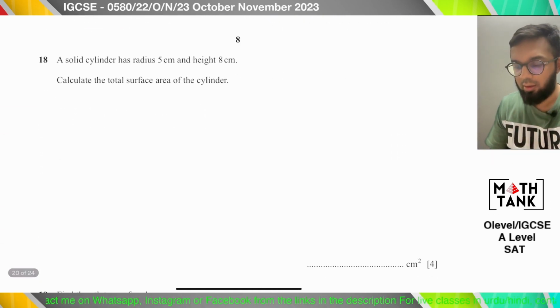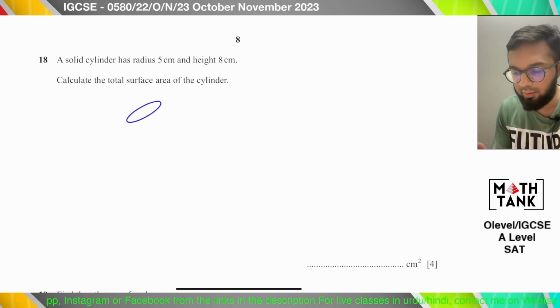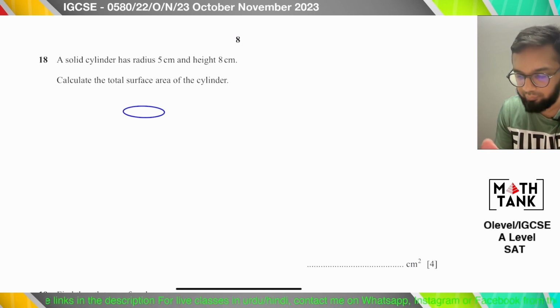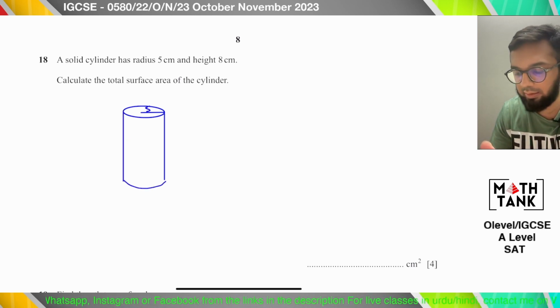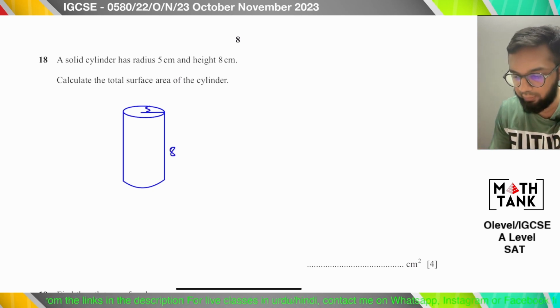Okay, a solid cylinder has a radius of 5 and a height of 8. Calculate the total surface area of the cylinder.